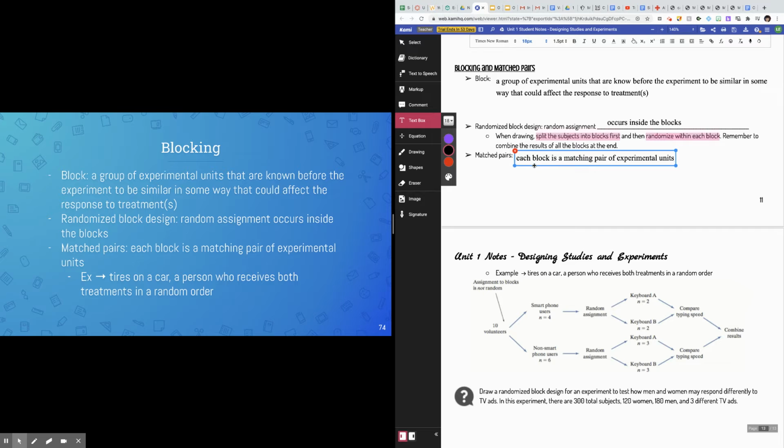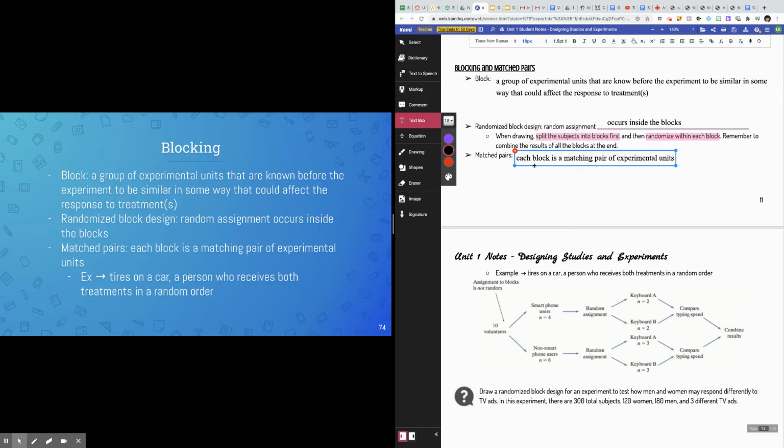But if you put the old tires on one side of the car, picked at random, either left or right, and the newer set on the other side, then all of those confounding variables would be accounted for because the pair was the car. Each car would get both treatments.